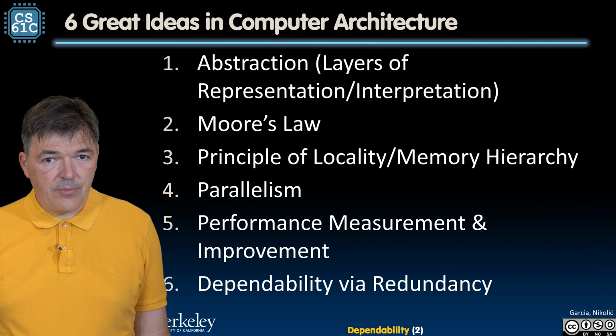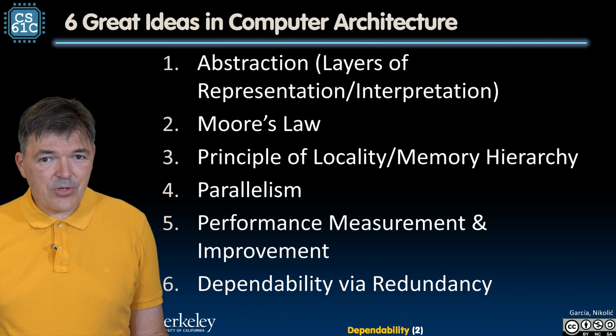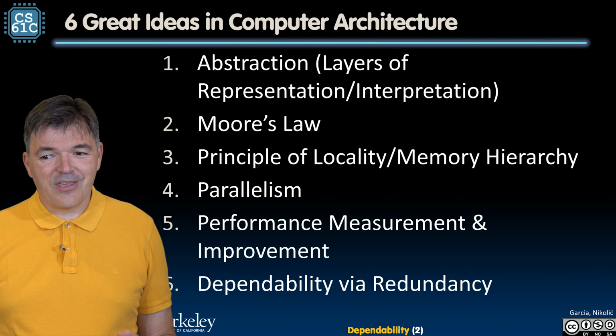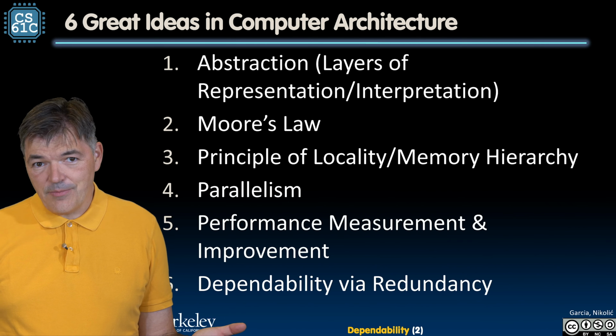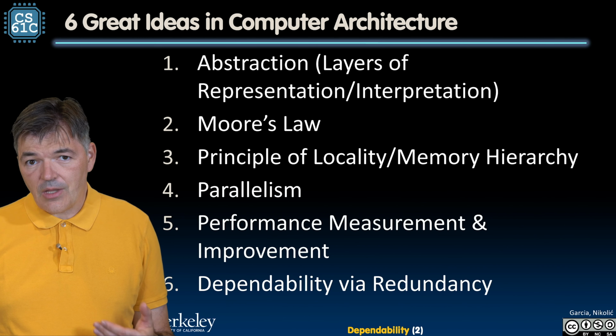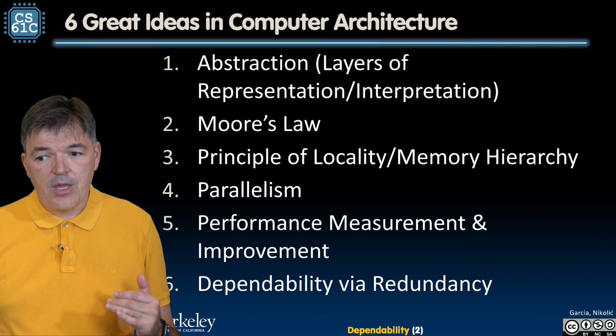We have talked about principle of locality and memory hierarchy that enabled us to build these memory systems that look infinitely fast and infinitely big. We have talked about parallelism as a way to improve the performance in power limited regime.